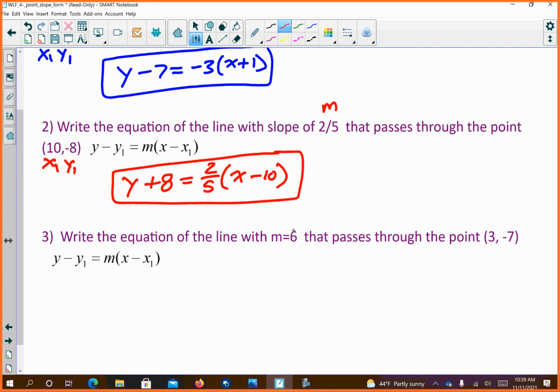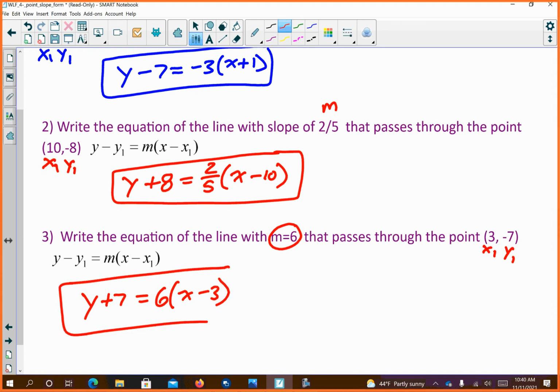Problem number 3, we have a slope of this. We have a point of this. We're going to plug it into our equation. My y value is negative 7. It's now going to become a plus 7. It changed signs. My slope stays the same. My 3 as an x value becomes minus 3. The equation's done.